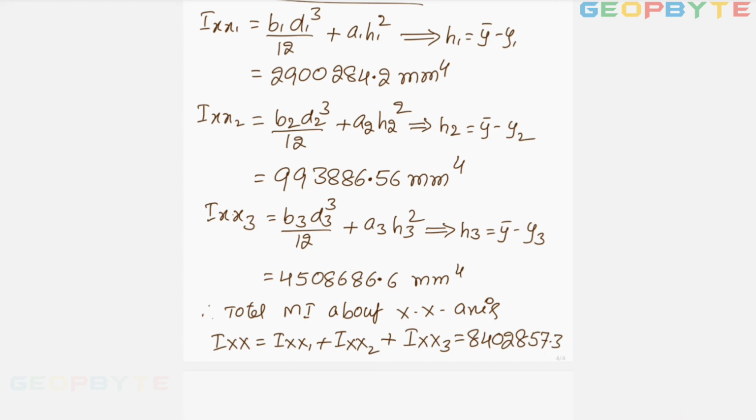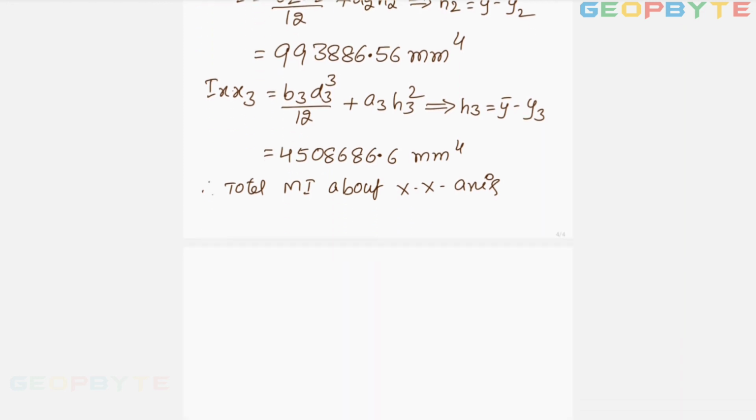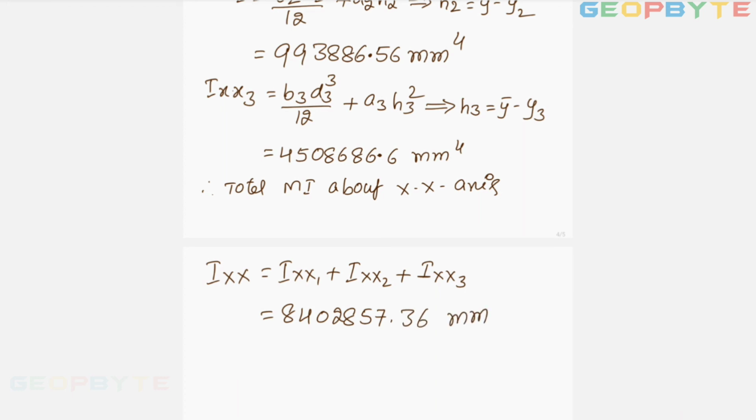Otherwise I will write it down. This relation also I will write it down. 1 minute. Don't hesitate. Ixx equal to Ixx1 plus Ixx2 plus Ixx3. You put all the values and simplify for getting 84028 57.36 mm power 4.